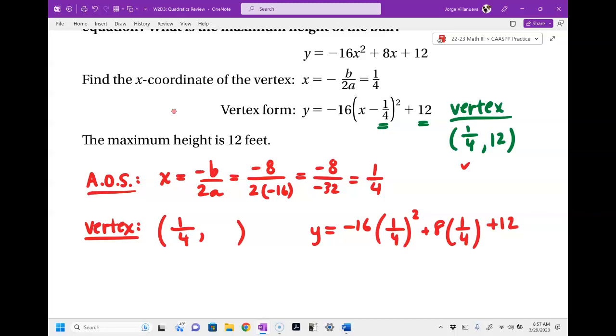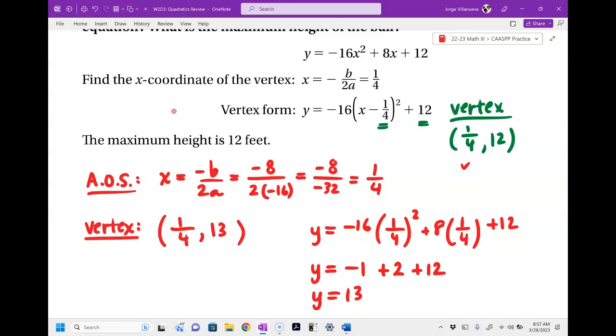Remember, I'm plugging in the x value everywhere where there's an x value in the equation. Well, if you use your calculator, you can do 1/4 squared, that's 1/16. 1/16 times negative 16 is negative 1. 8 times 1/4 is 2, plus 12. Negative 1 plus 2 is 1, and 1 plus 12 is 13.